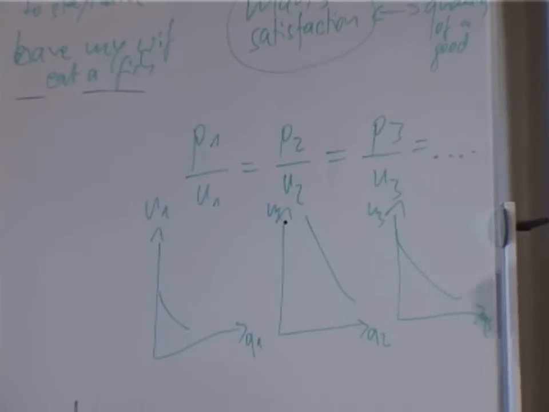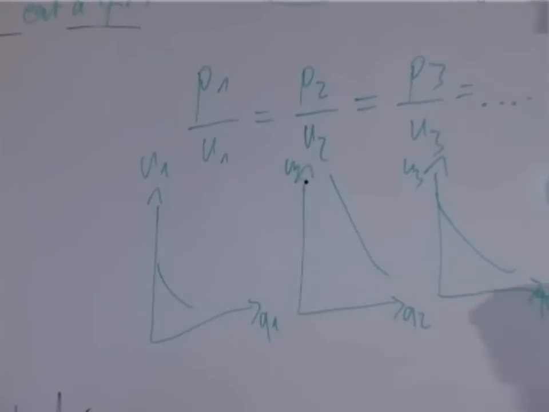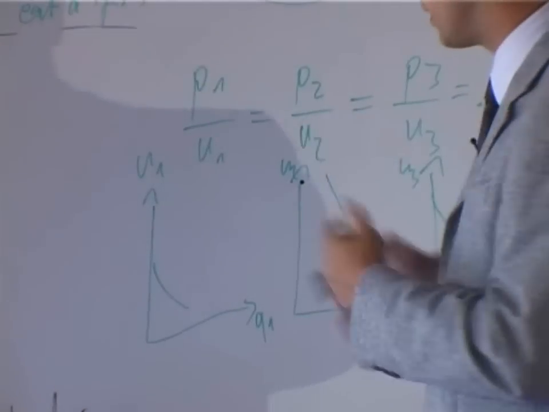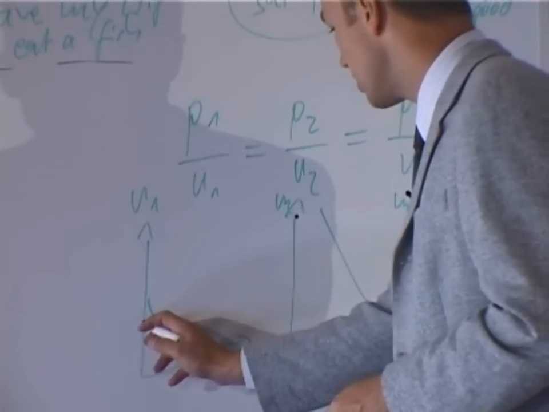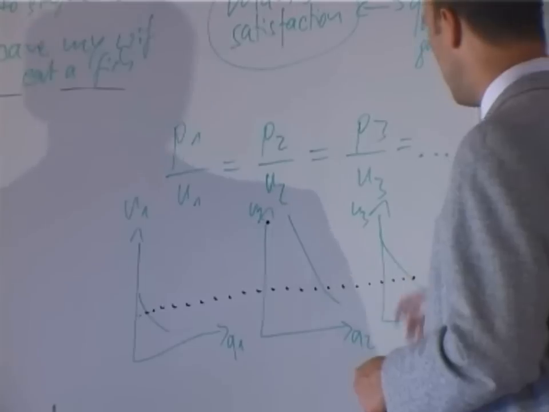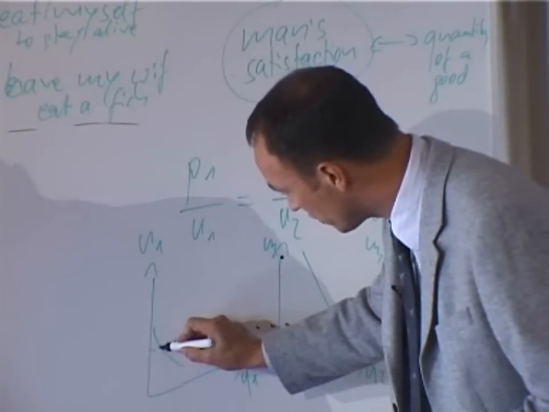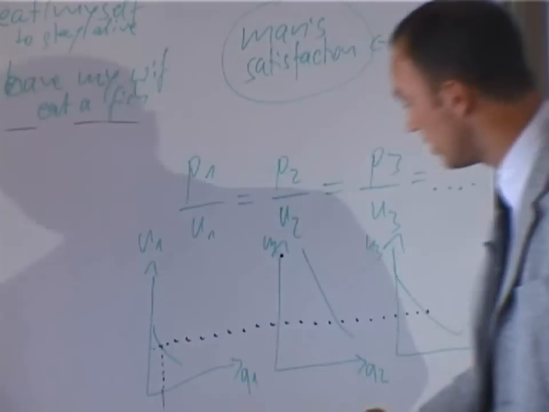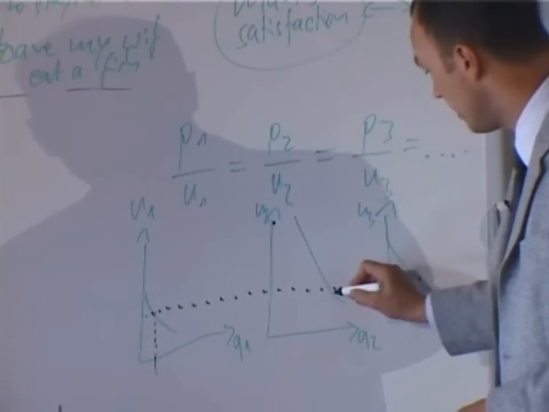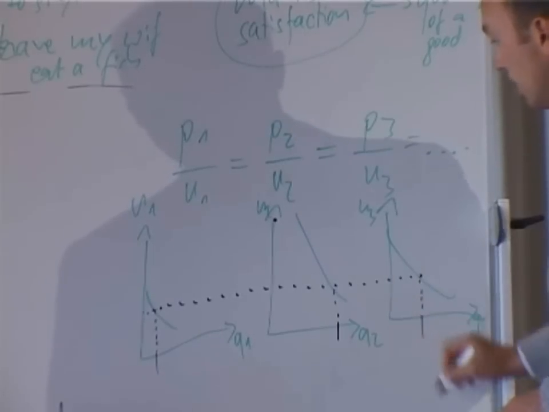In equilibrium, the marginal utility that I derive from any good should be exactly the same as the marginal utility that I derive from any other good. So let's say if this is my budget line, then I should consume in equilibrium this quantity of good 1 and this quantity of good 2 and this quantity of good 3.